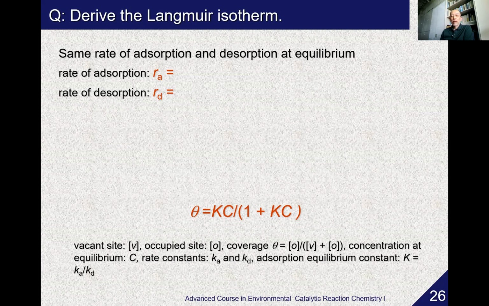The adsorption equilibrium constant, large K, equals Ka over Kd. Start from the rates of adsorption Ra and Rd, and derive the final Langmuir adsorption isotherm, theta equals Kc over 1 plus Kc. Please.